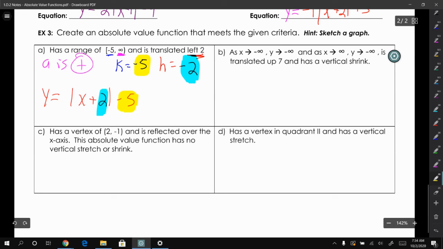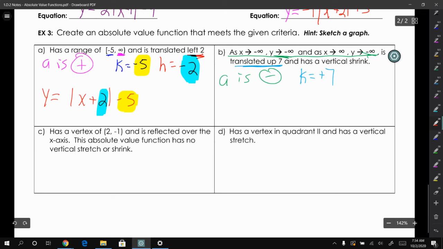Letter B says as x approaches negative infinity, y approaches negative infinity. As x approaches positive infinity, y approaches negative infinity as well. So this end behavior right here tells us that our function is going downwards. Our y values are approaching negative infinity. So that tells us that a is negative. Translated up 7 means k is positive 7.